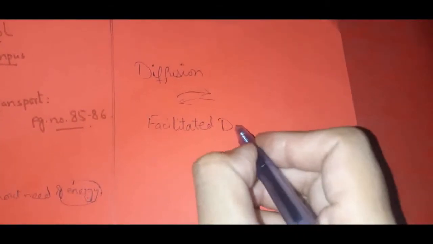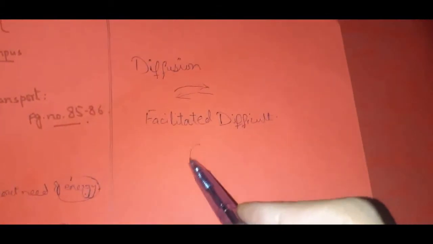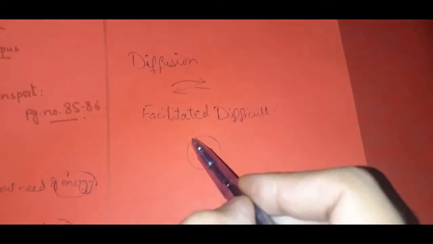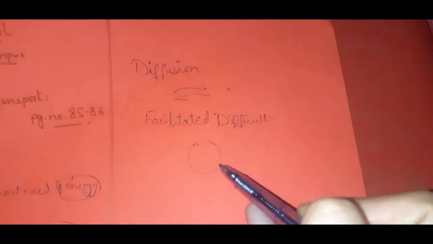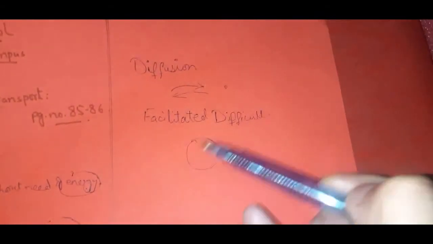Sometimes there is a need of transferring larger molecules. In diffusion, there is movement of smaller molecules, but sometimes larger molecules need to be transferred, and these larger molecules cannot pass through the pores of the semi-permeable membrane.